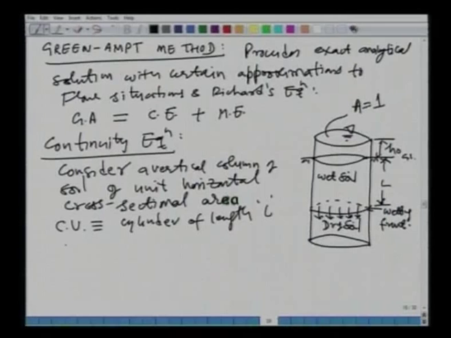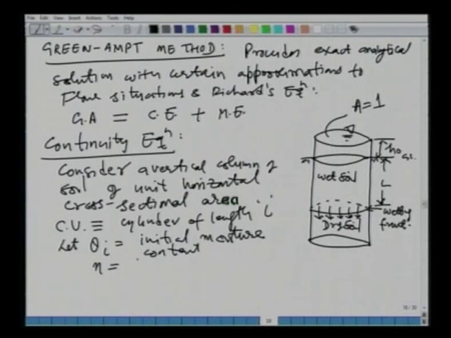Let theta I be the initial moisture content in it, and we have defined eta as the porosity, and theta is the moisture content at any time.